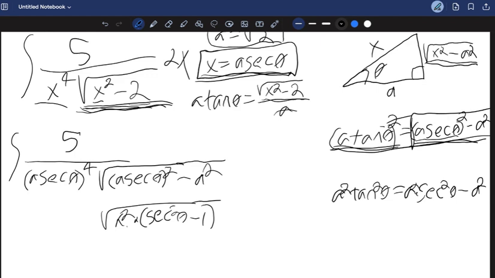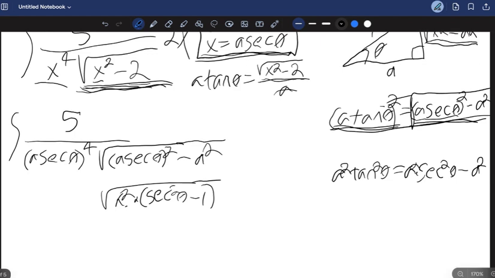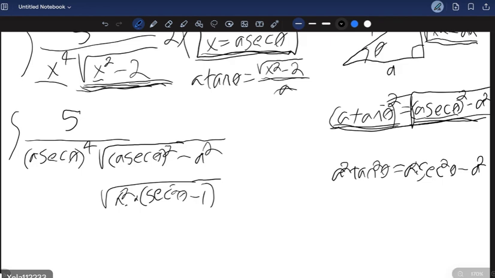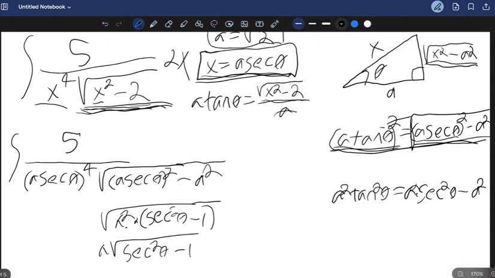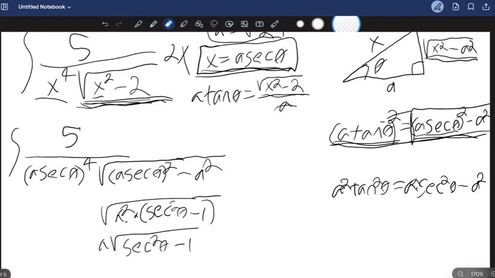Then you can factor out this a, and you'd be left with the square root of secant squared theta minus 1, times a. Then you put in the tan theta, so it's a tan theta again. There's just a lot of ways to approach this and come to the same solution for all these problems.